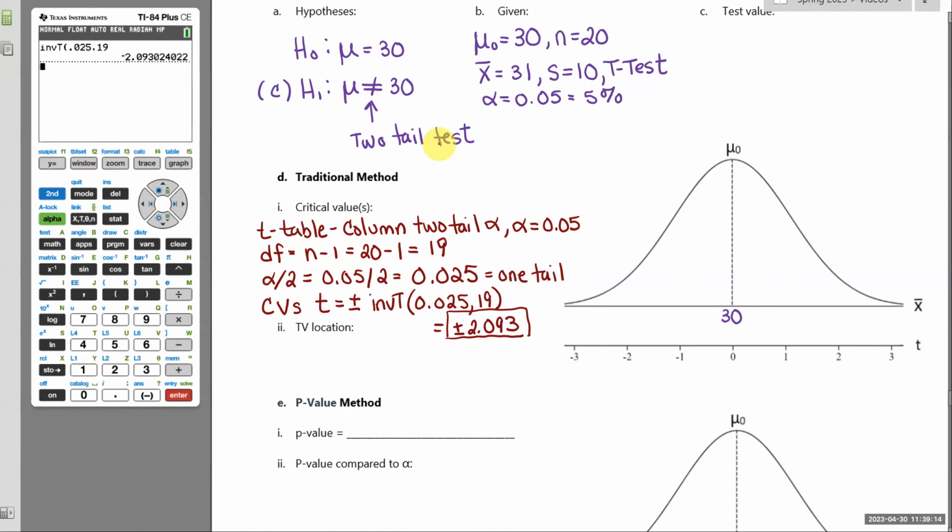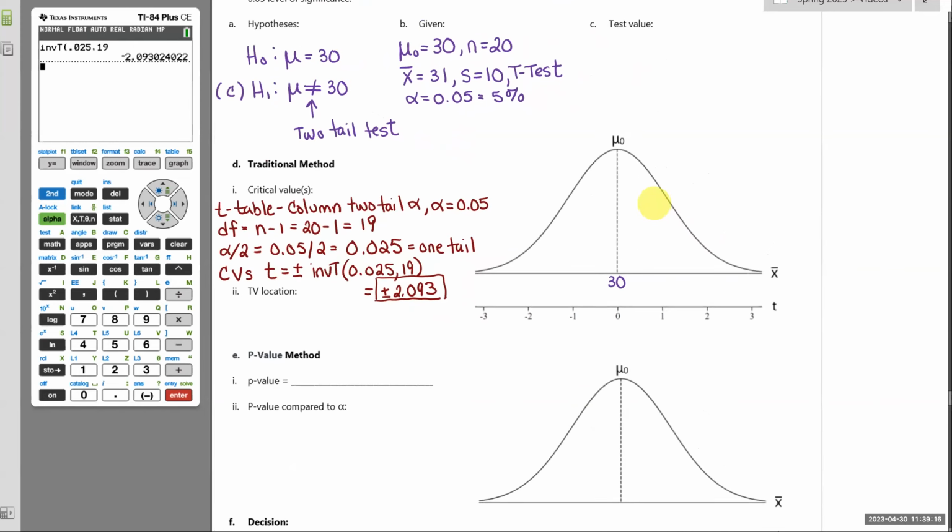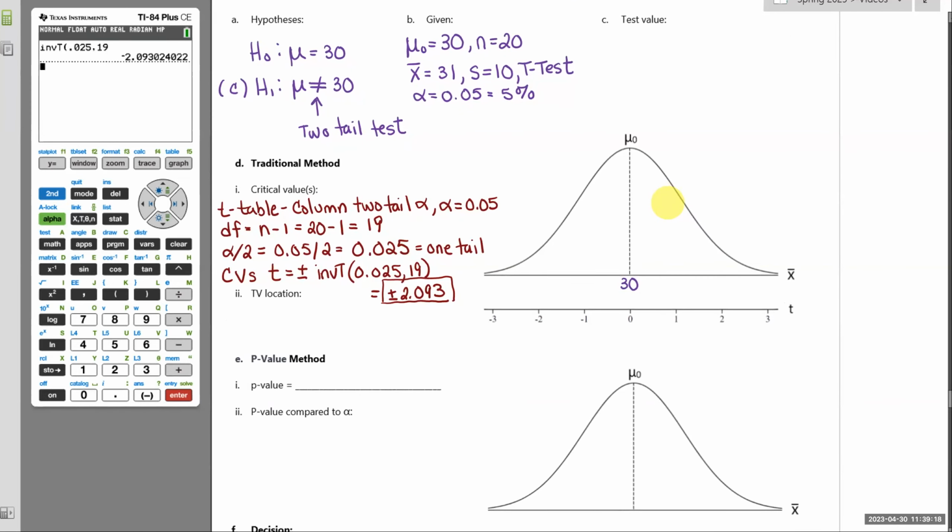All right, so let's take a look at the graph then. So 2.093, basically at 2 there. So we have a critical value there, critical value there. So there's our negative and our positive critical values. And we had to do that because in a two-tail test, half of your alpha is on each side.